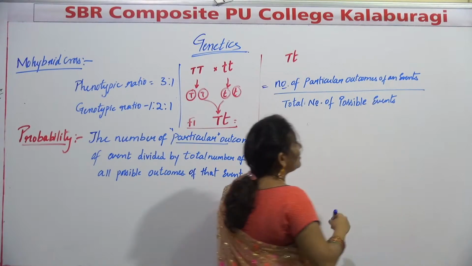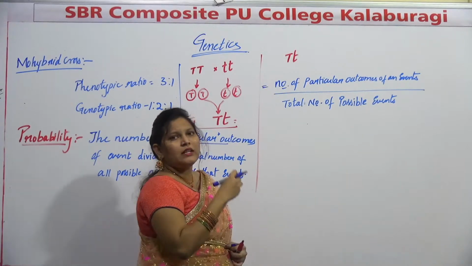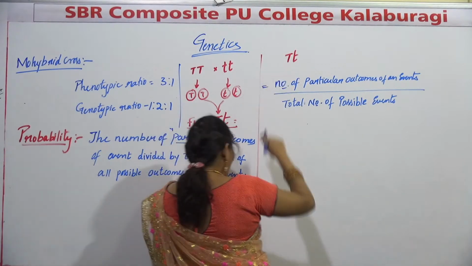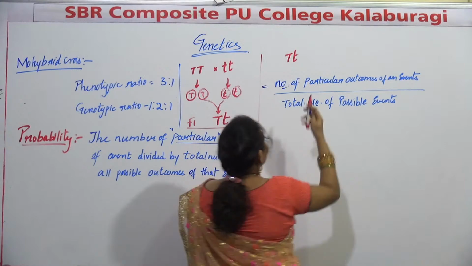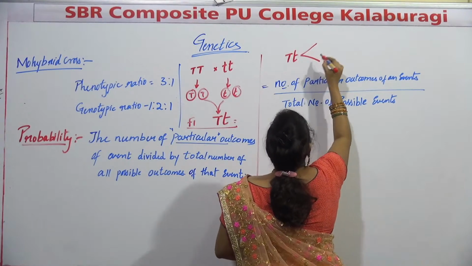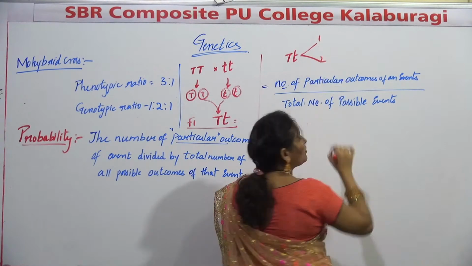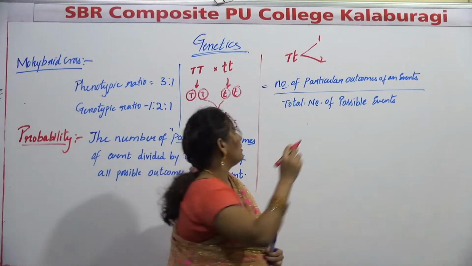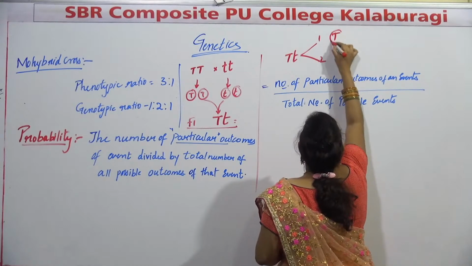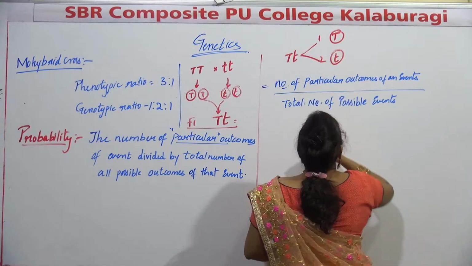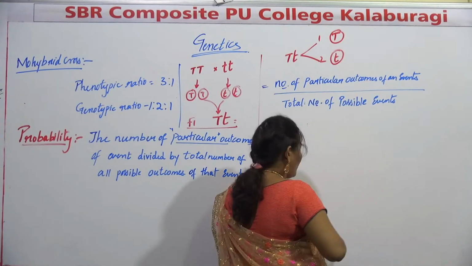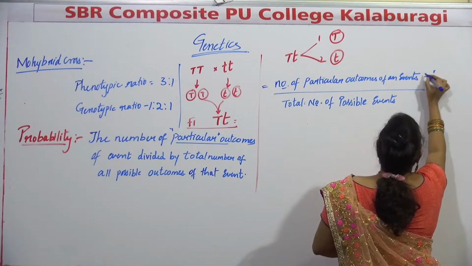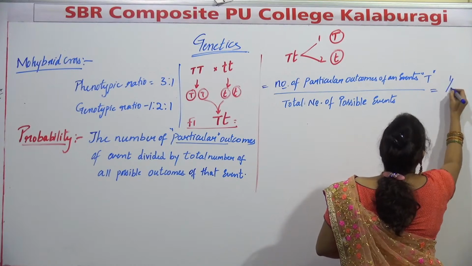So here, what is the probability when this is participating in gamete formation? It is producing 2 gametes. It is producing capital T allele is 1. Here we can write capital T, here it is small t. I am talking about allele capital T. It is 1 out of 2.